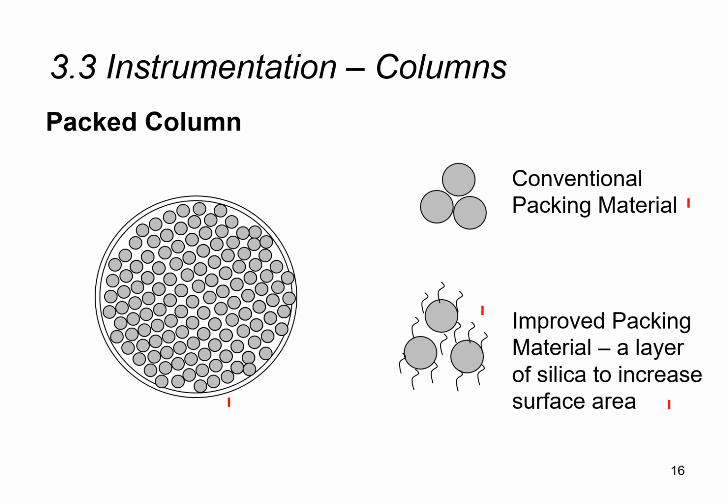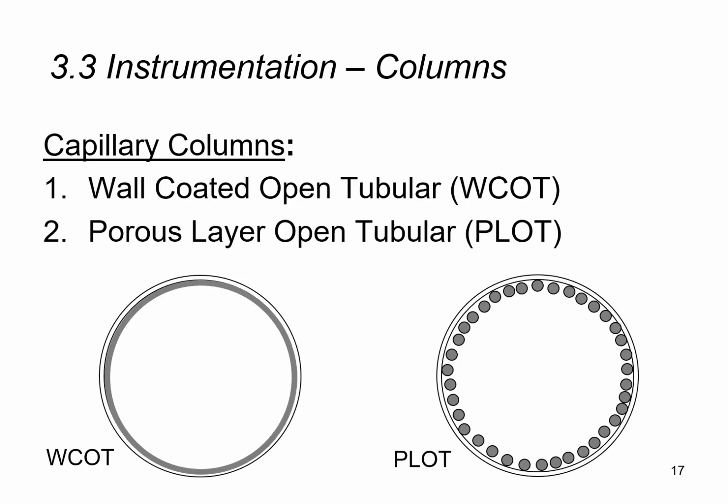But as time progressed, technology got better, and that led to the development of capillary columns. Capillary columns are significantly more effective in generating separation than packed columns. So over time, the chemistry community has essentially moved exclusively to the use of capillary columns.